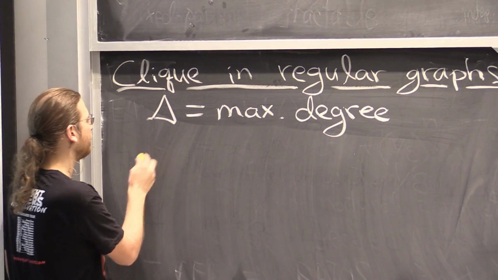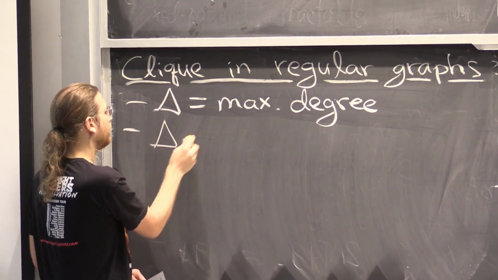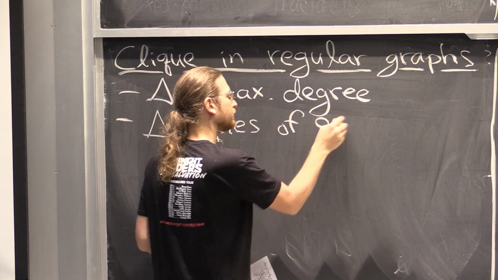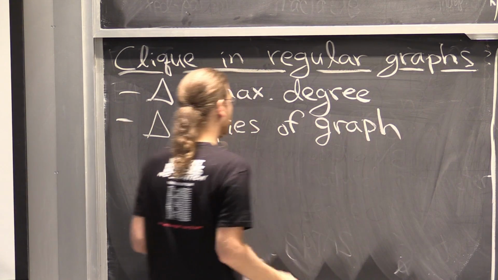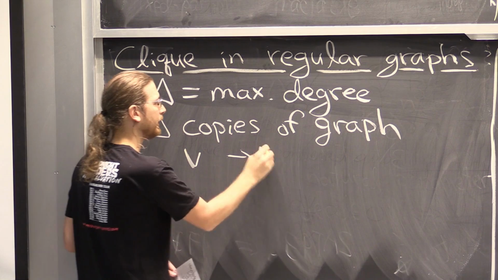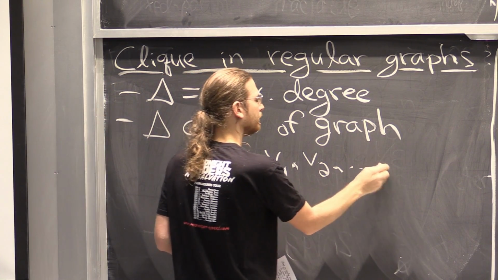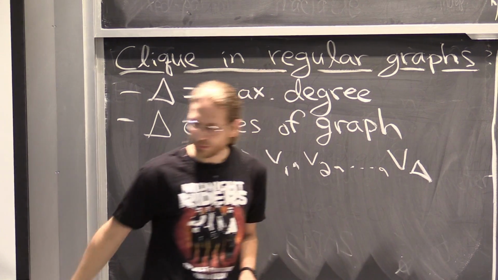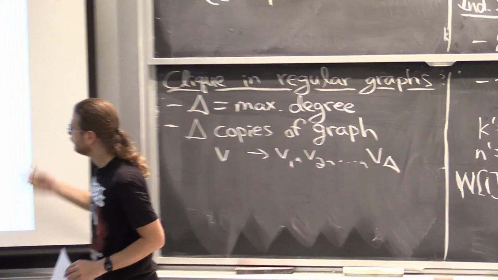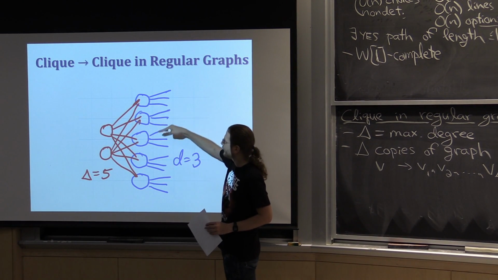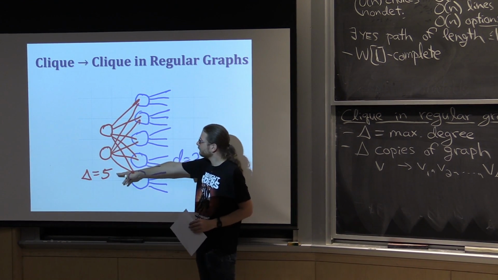What we're going to do is take delta copies of the graph. So for every old vertex, we get delta copies of it. And then we do this reduction. So the blue is the graph that's been duplicated delta times. Here delta is 5.